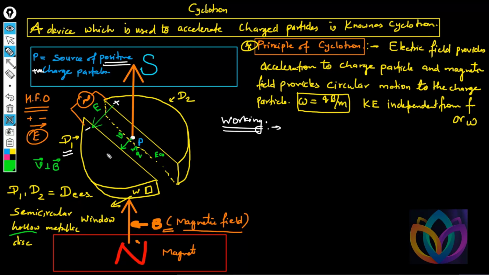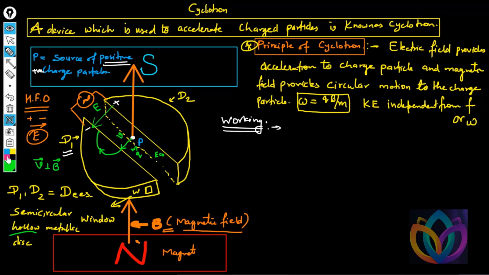If it is circular, it will experience force in that direction. Now, as soon as the charge particle enters the gap between D1 and D2, after half rotation, the polarity of D1 and D2 gets reversed.